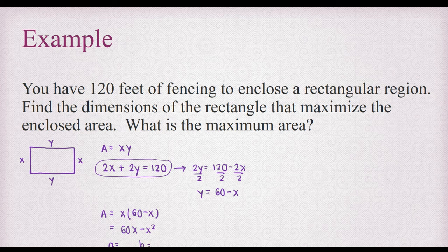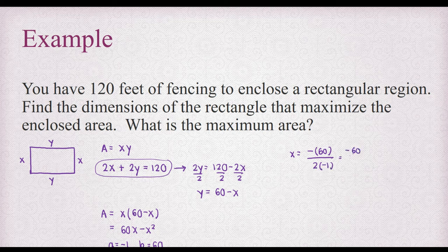Now remember, a is the number attached to the x squared, which is negative 1. B is the number attached to the x, and that's 60. So now that I know what a and b are, I can start solving for x. So we'll have negative b over 2 times a.